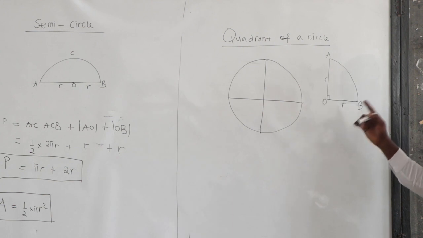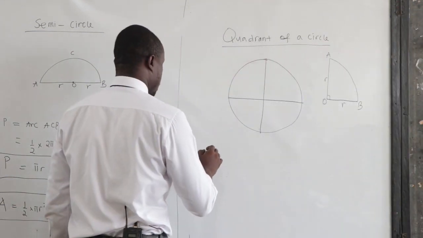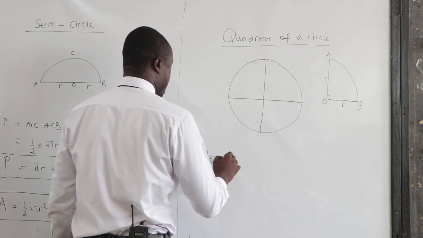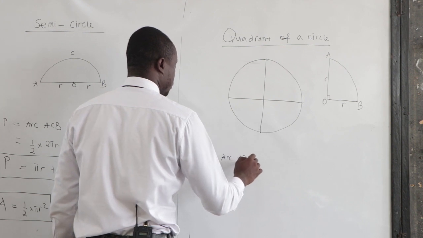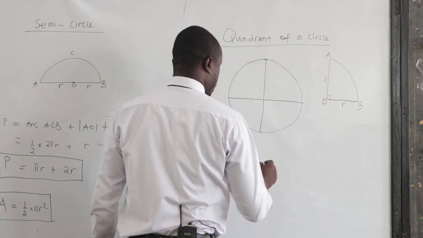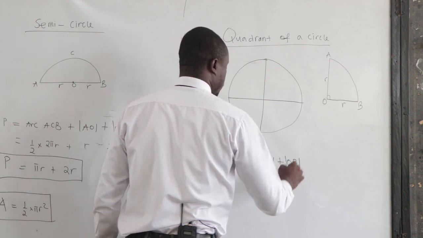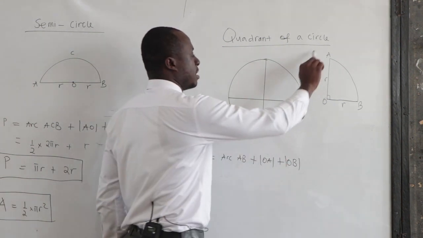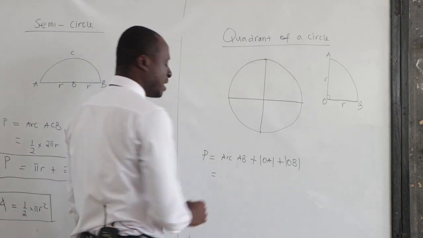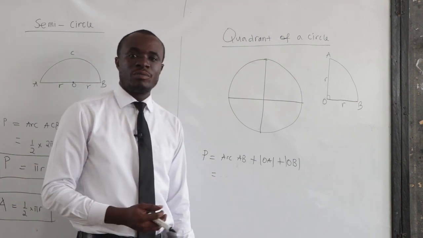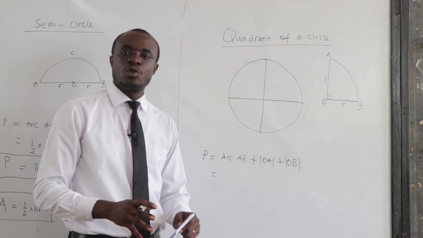So for us to find the perimeter of this quadrant, we say that the perimeter is equal to the arc AB plus OA plus OB. Perimeter, the total distance around, that is AB, OB, and then OA. Now the arc AB was taken from a full circle, and the circumference of a full circle is 2 pi r.